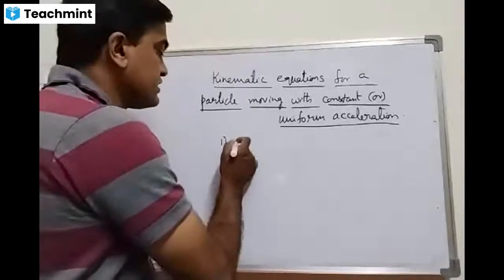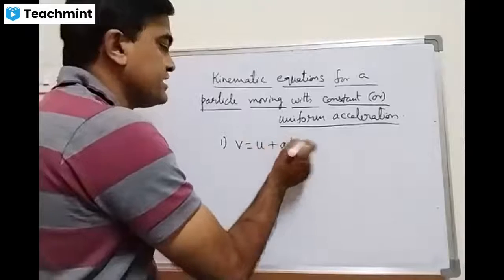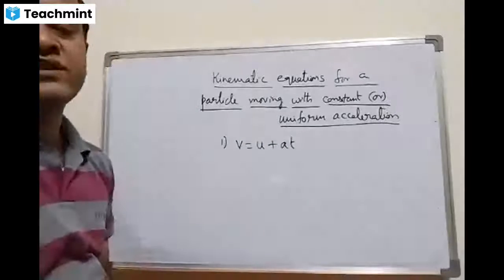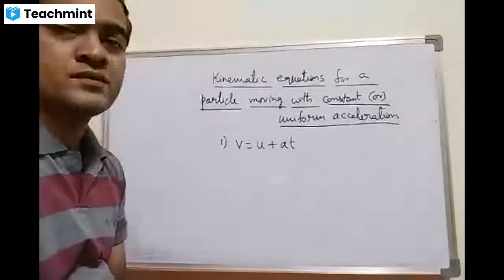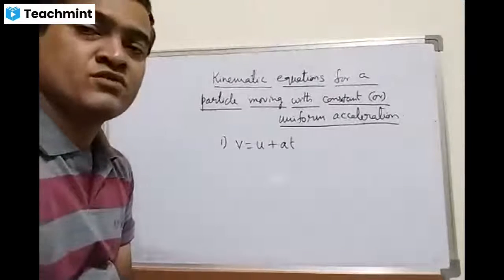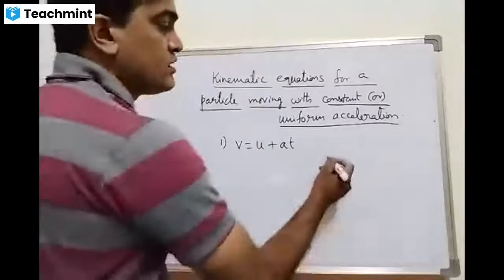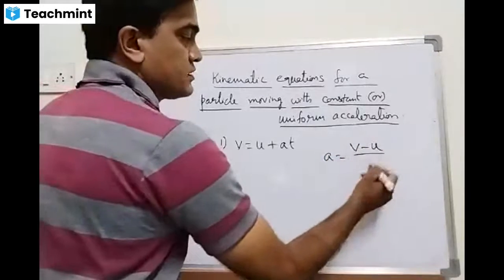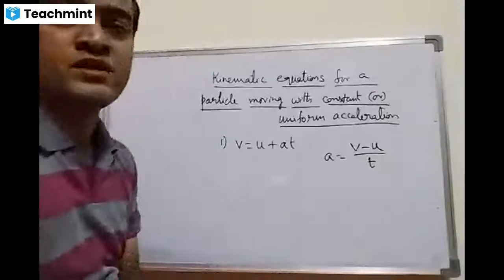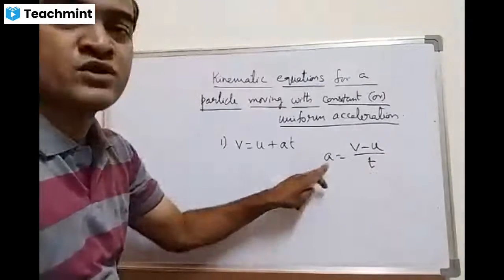First one is V is equal to U plus AT. You are very much familiar, right? We got this formula from A is equal to V minus U by T. If you just recall, the formula for acceleration is A is equal to V minus U by T. If you take this T to the left side, what will you get?